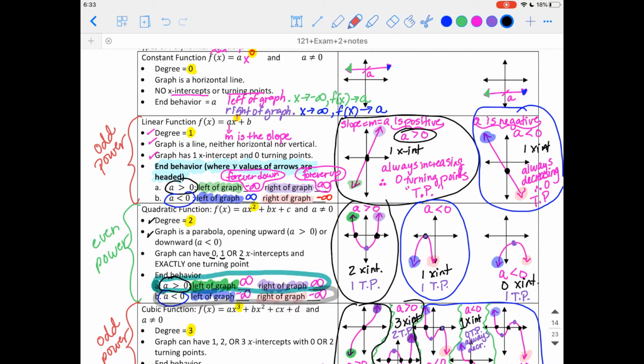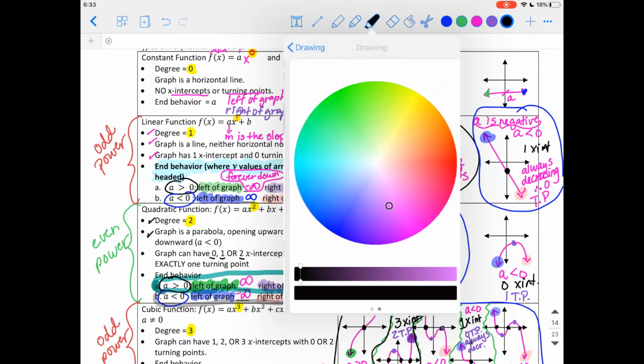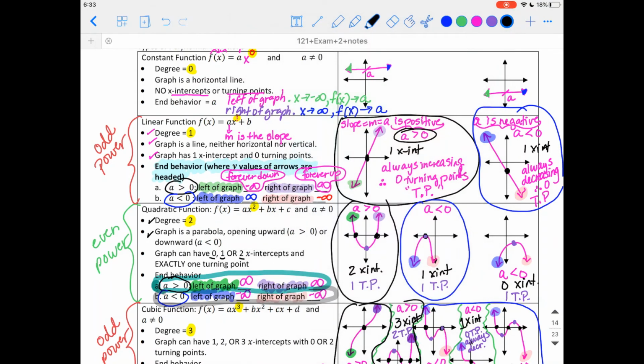So if we look at all of these odd powered type of functions, the linear, the cubic, and the quintic, for a greater than 0, we're going to see, now I have way too much color here.